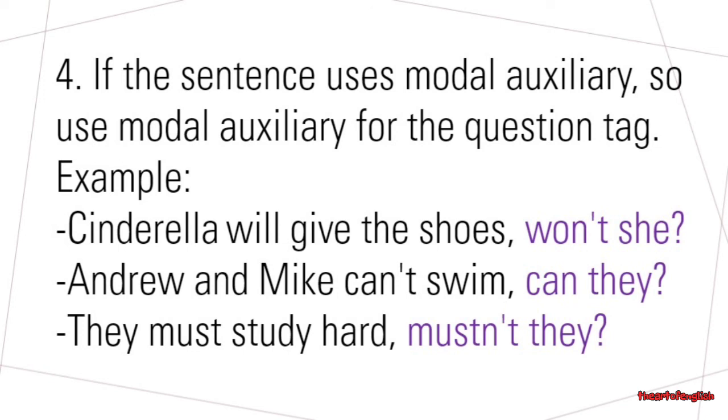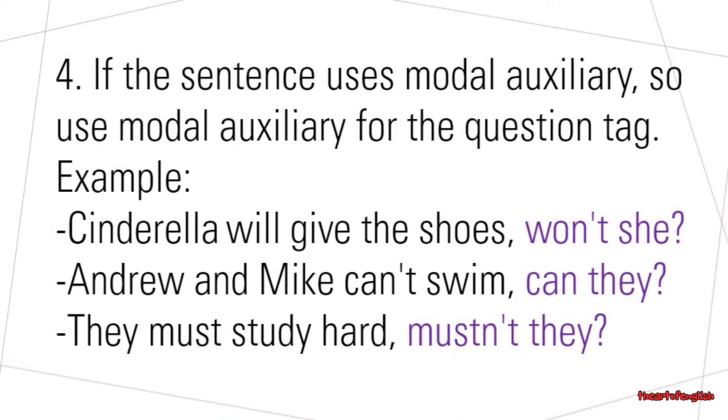Second sentence: Andrew and Mike can't swim, can they? In the second sentence, the modal auxiliary is in the negative form. So for the question tag, we change to positive form, which is can, and then put the subject they for Andrew and Mike.